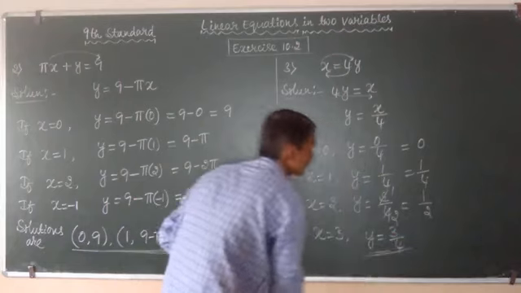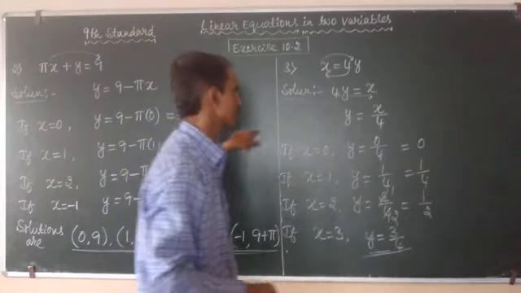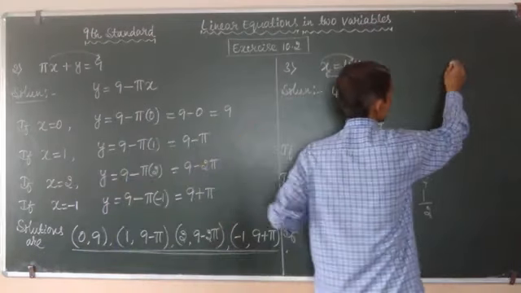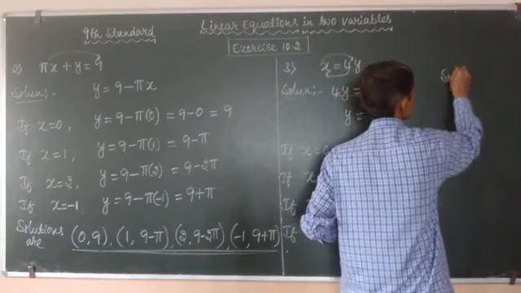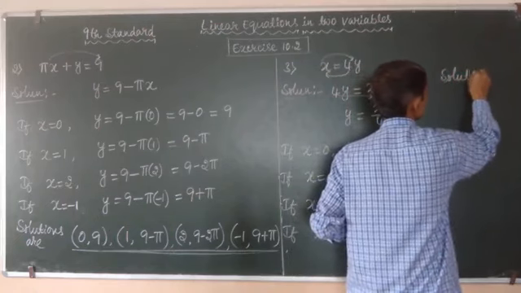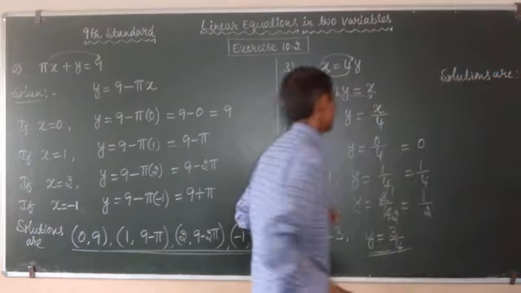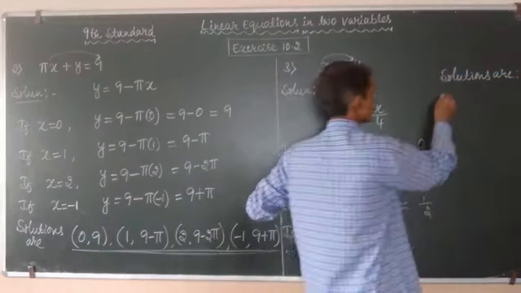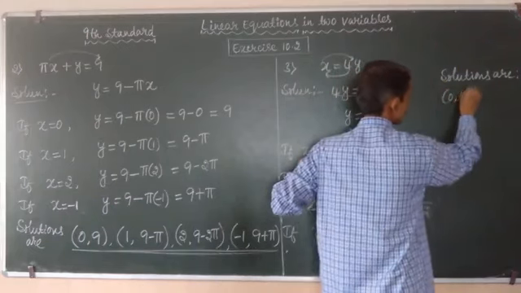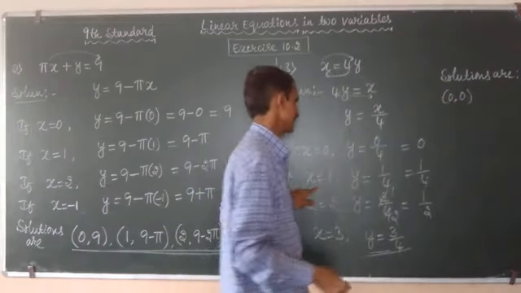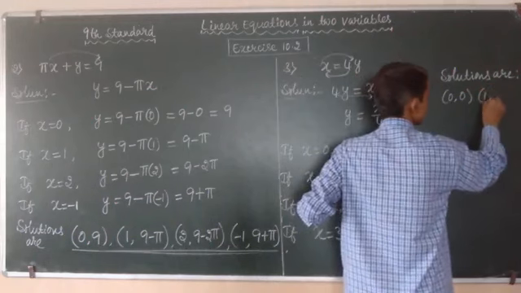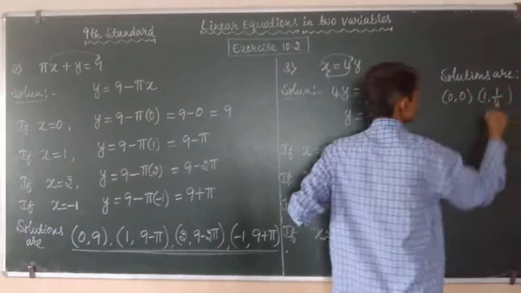This is the answer. Therefore, the solutions are: if x equals 0, y is also 0. If x equals 1, y equals 1 by 4.